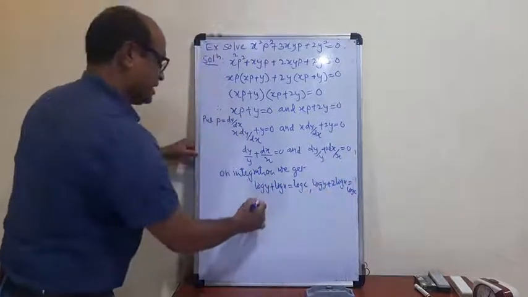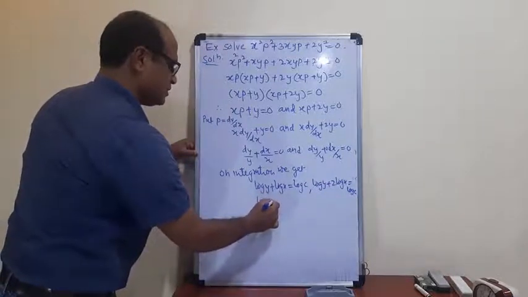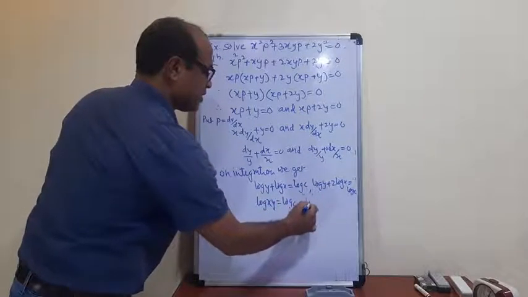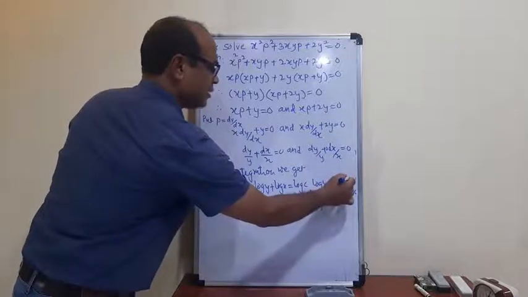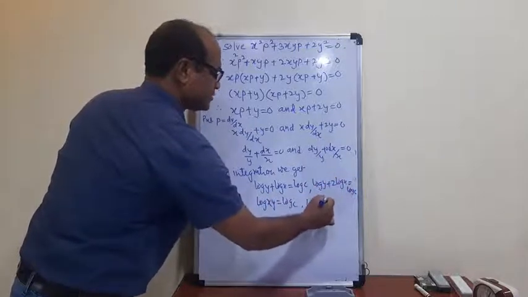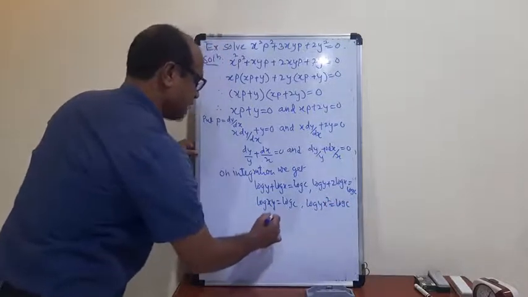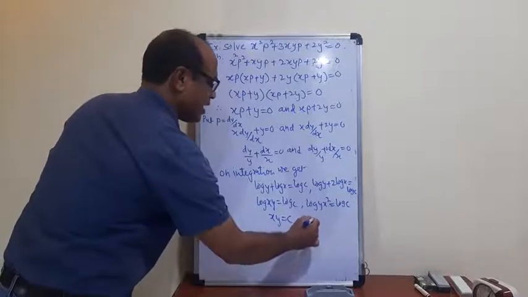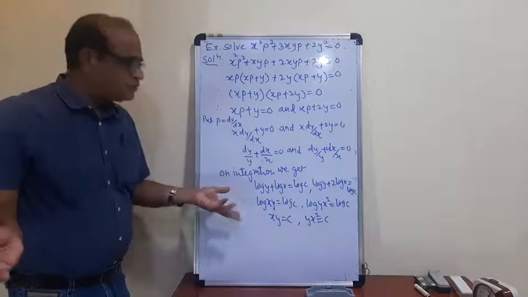So this can be written as, by the logarithm rule, log xy is equal to log c, and log y plus log x square, then log yx square is equal to log c. So xy is equal to c and yx square is equal to c. So these are the two solutions here.